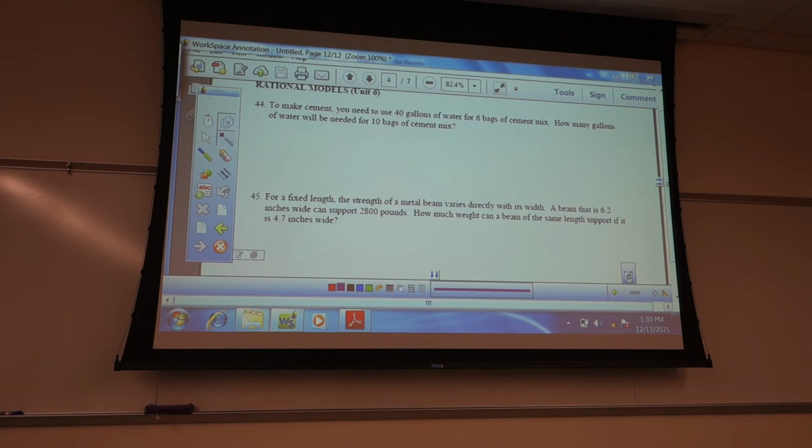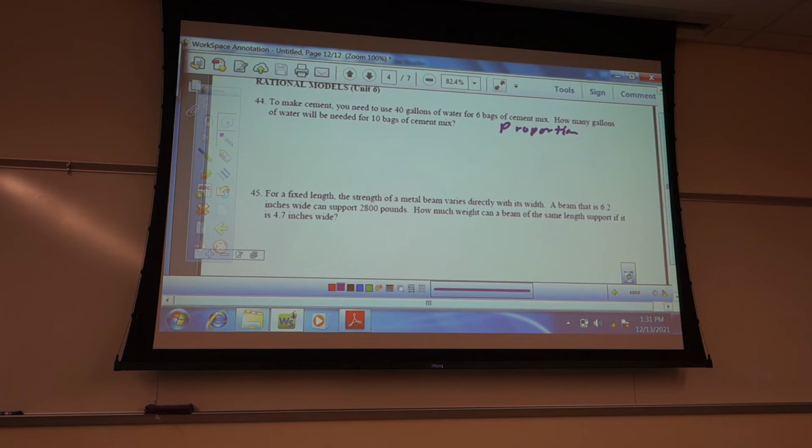About 44. Doesn't say linear. Doesn't say growing or decreasing by a percent. Doesn't say exponential. So this is a regular proportion. Doesn't say anything. Does anyone kind of follow that? Proportion's the one that kind of doesn't really say anything.